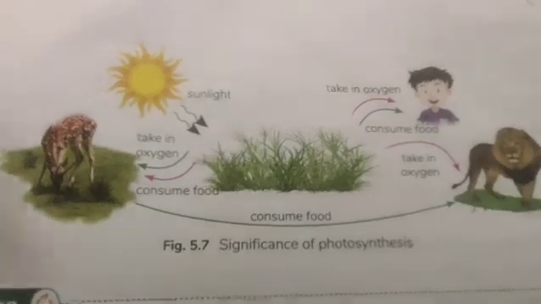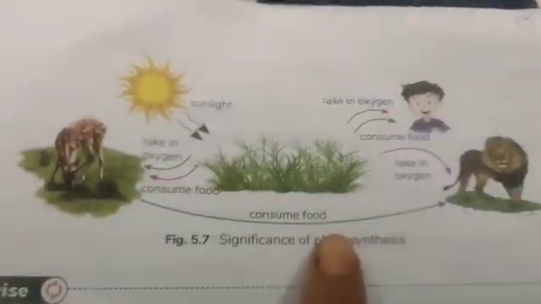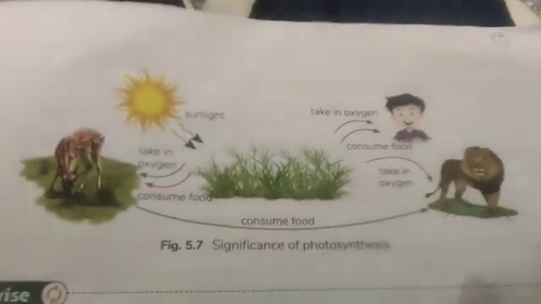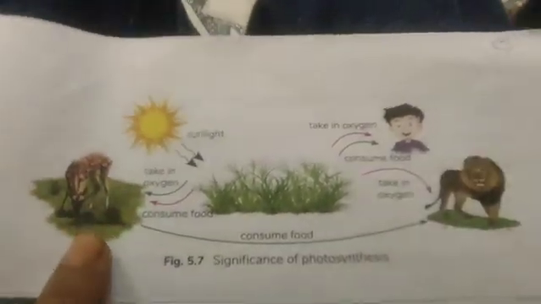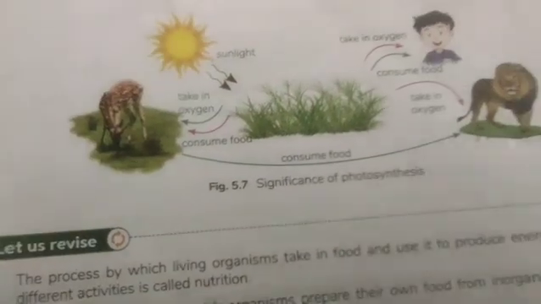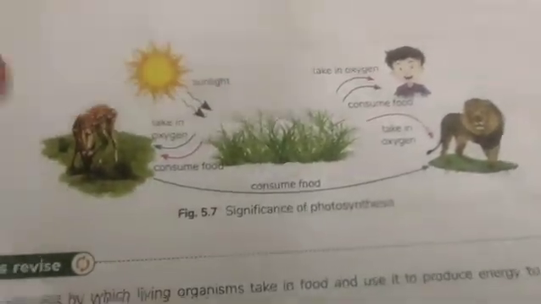We have already discussed what we mean by food chain, but I want to explain it again. See, the deer will eat this grass and the lion eats the deer. This is said to be a little food chain.